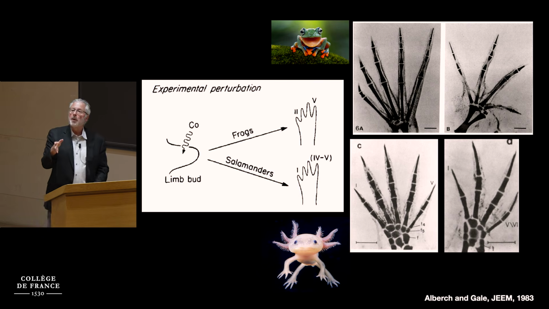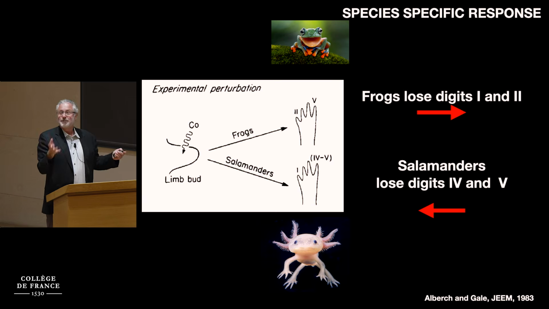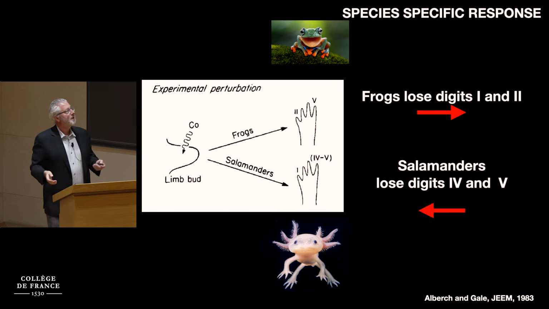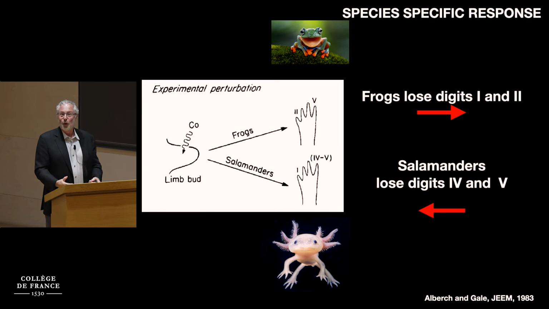Now here's the important point. They lost digits as a result of the reduction in the number of cells, whether it's done with different mitotic inhibitors. But the key thing here is there was a species-specific, a taxon-specific response. That is, frogs in this experiment typically lost digits 1 and 2, as identified by the phalangeal formula. Salamanders typically lost digits 4 and 5.